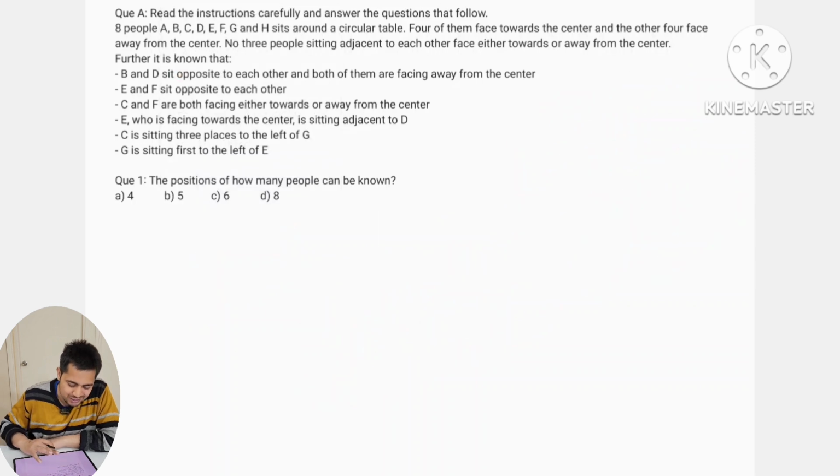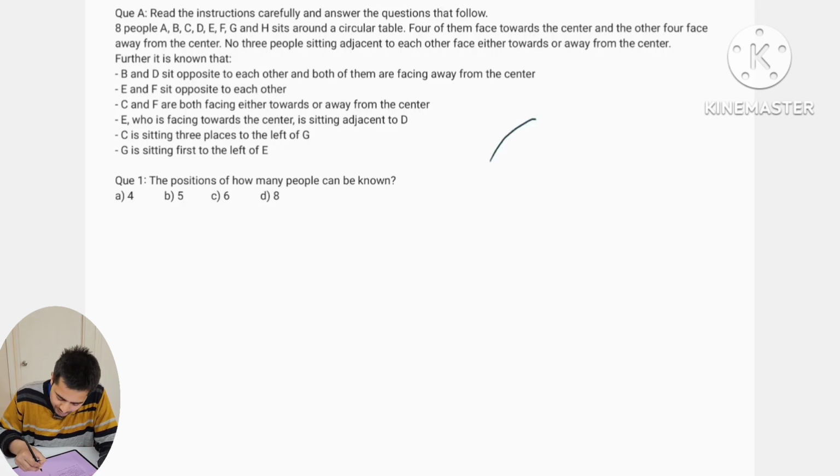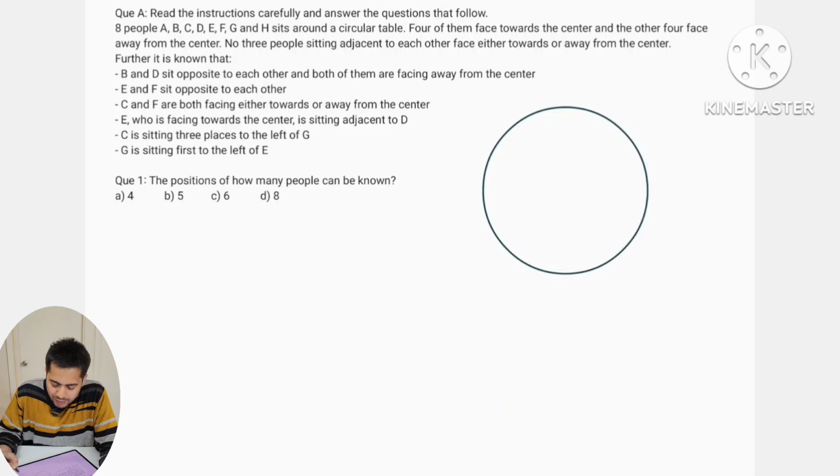So let's start. Before starting, let me teach you a basic terminology. Generally circular arrangements come like this: there is a round table. On this table different people are sitting, like 1 2 3 4 5 6, and different attributes will be given.